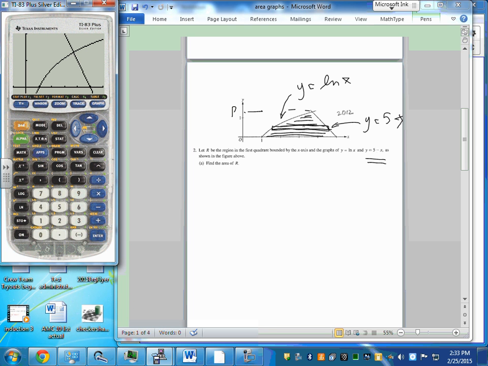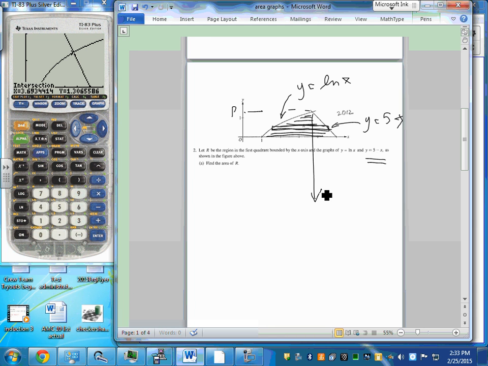Okay, we do need this point of intersection. So let me go ahead and find that. The point of intersection, and notice that x, this x coordinate right here, is equal to 3.6934 and some change.